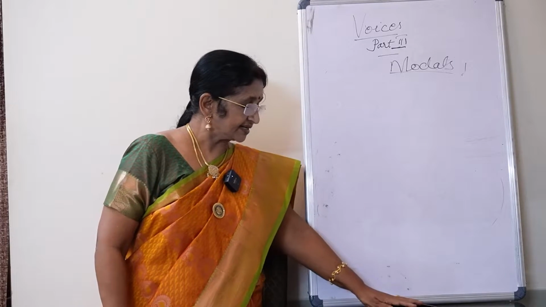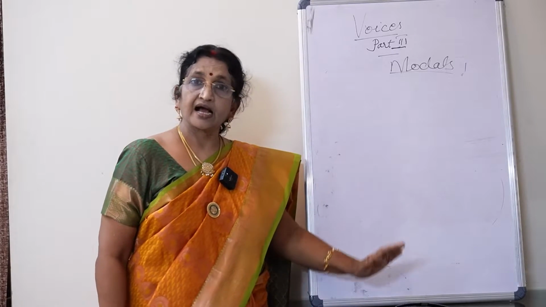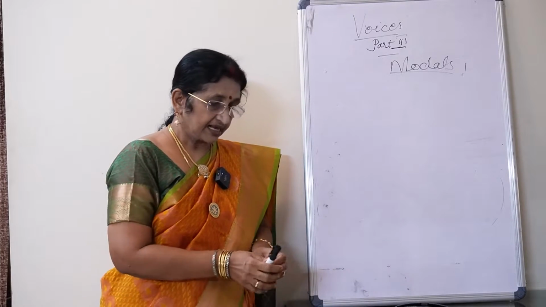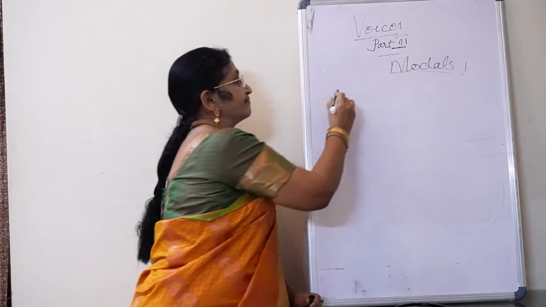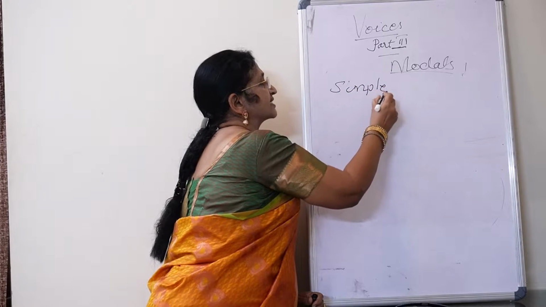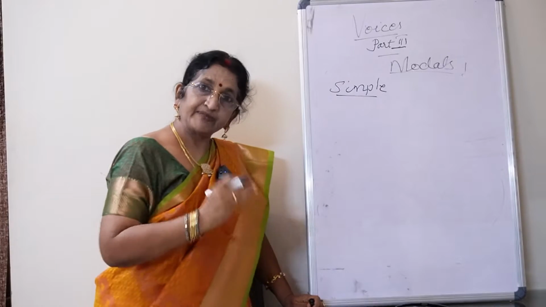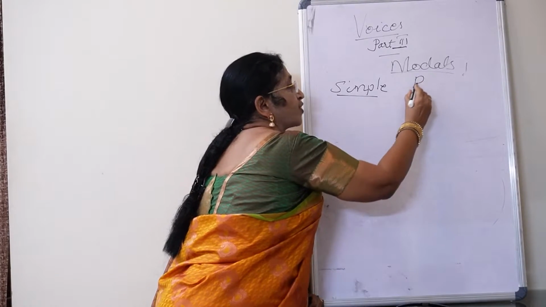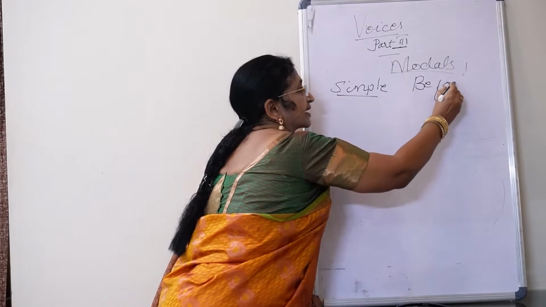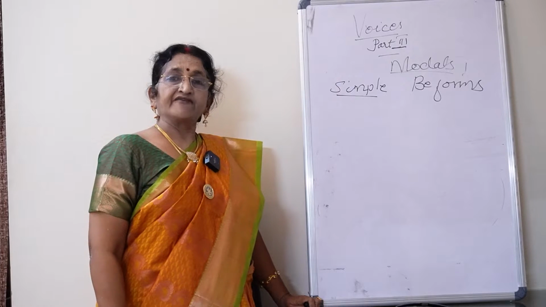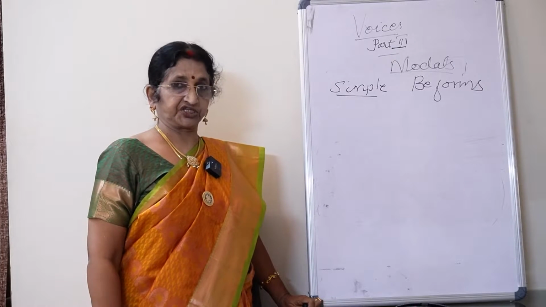So we have done voices changing from active to passive, that is simple tense, even past tense or present tense can be changed from active to passive using one of the be forms we have done. For example, I finished my lunch.